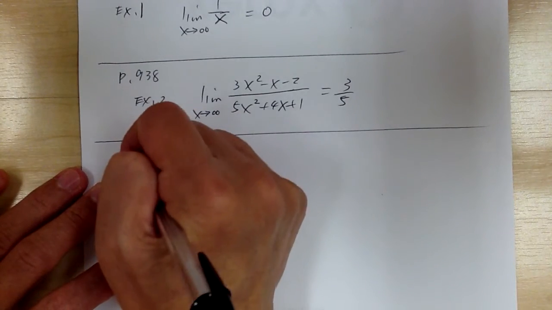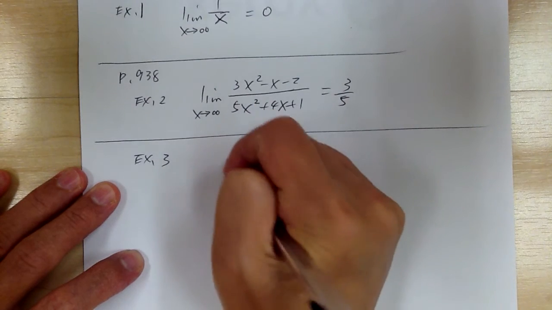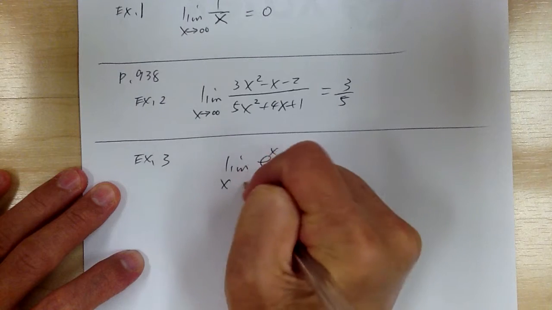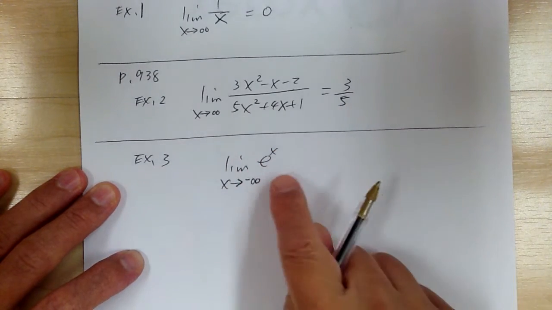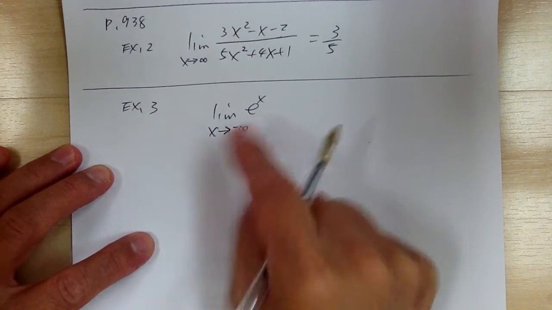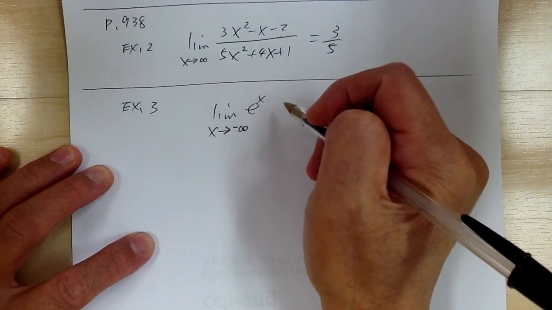Okay, so let's go to example 3. You have the limit of e to the x as x approaches negative infinity. This one is not as obvious because it is not a polynomial function, so it's more difficult to find where the horizontal asymptote is.